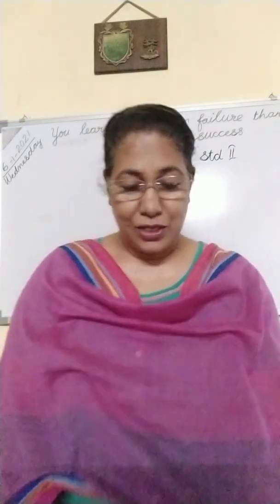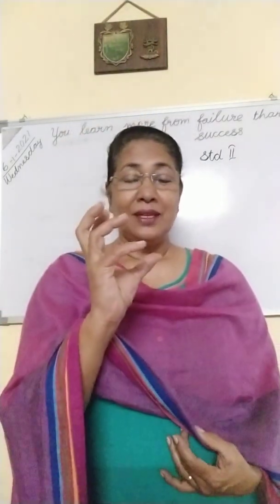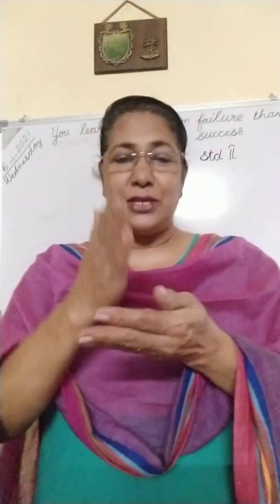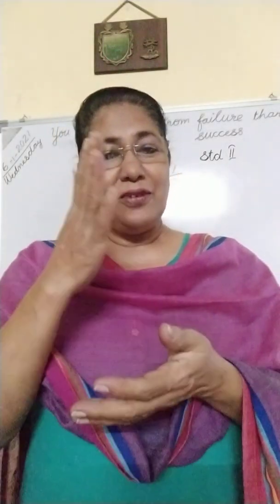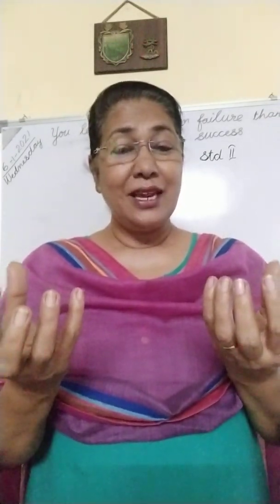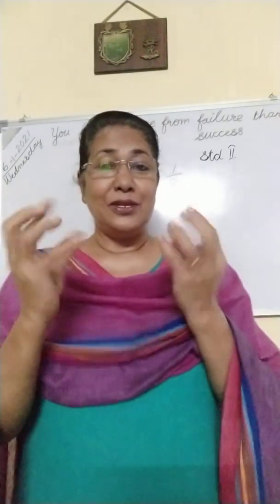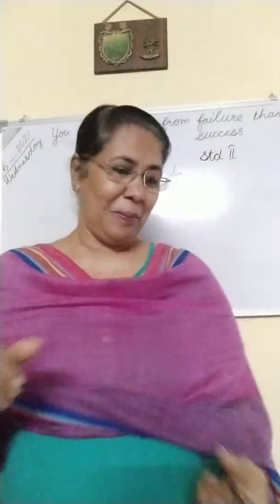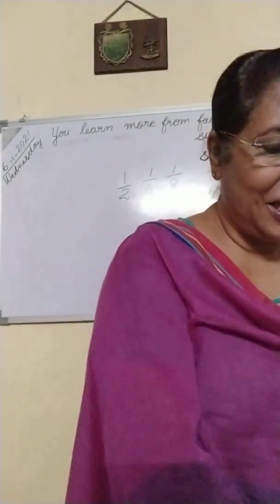Okay. Now you're taking a lime. You know what is lime? Lemon. And you're cutting it into half. When you cut into half, how do you write this as a fraction? Yes, 1 by 2. 2 pieces of one whole thing. Right? Okay. So that's what you're going to learn today.